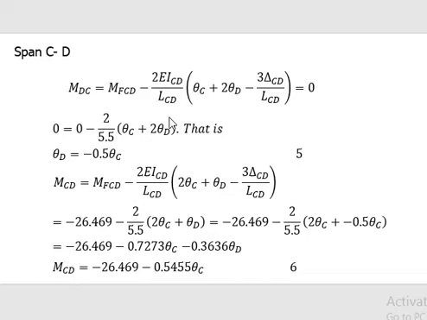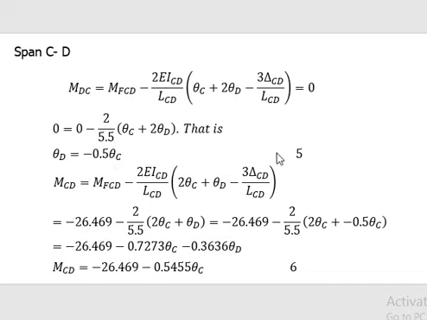Since D is the support at the end that is pinned, the moment there is 0, that's why I have it equals 0. Delta is 0 because there is no settlement of support. Then MFCD is also 0. That brings me to this. Then for a non-trivial solution, the value in the bracket must be equal to 0. Simplifying the bracket, I have theta D equals minus 0.5 theta C.